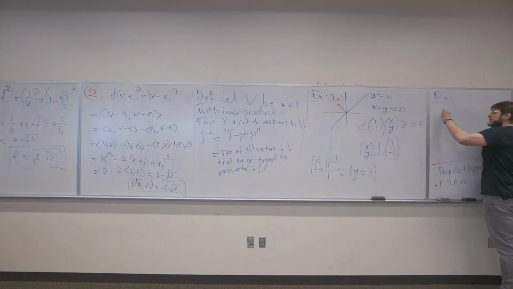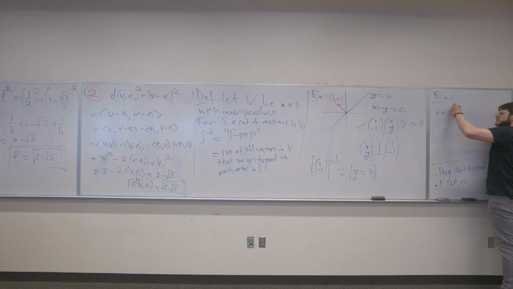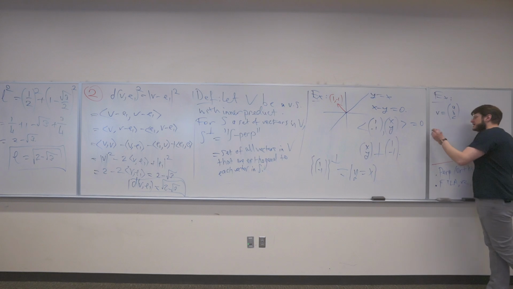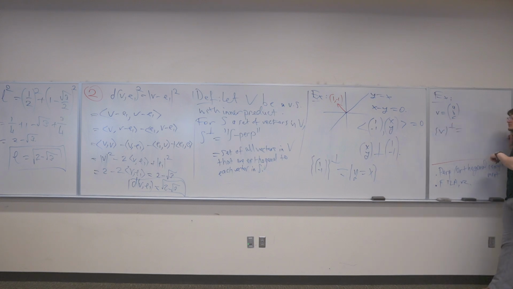If my vector is, say, (a, b, c), a vector in R3, then the V perp is nothing but the set of (x, y, z)'s such that ax plus by plus cz equals 0.